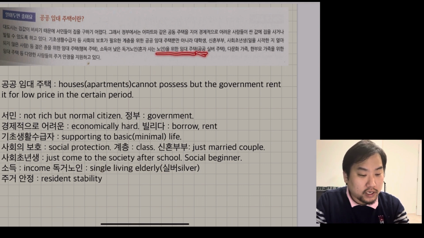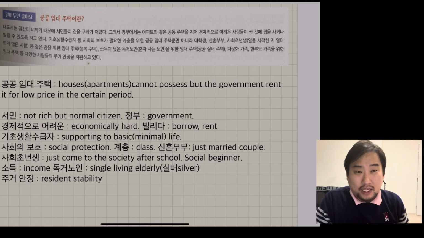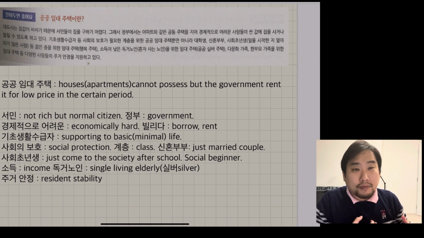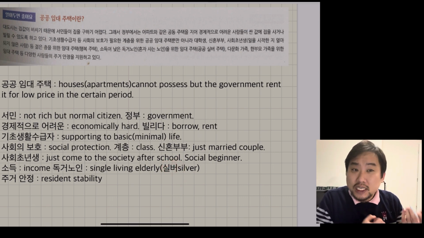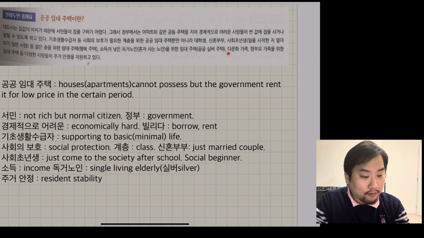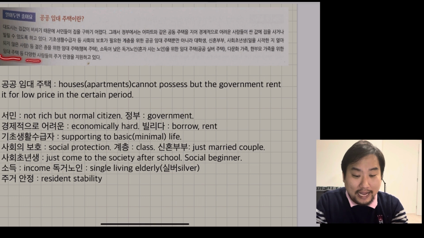So 공공 실버 주택. When we describe grandmother and grandfather, I'm not sure about other countries, but in Korea we usually say silver. Like a silver town is a town for the elderly. And 다문화 가족, multicultural families, and 한부모 가족, single parent families를 위한 임대주택 등 다양한 사람들의 주거 안정.